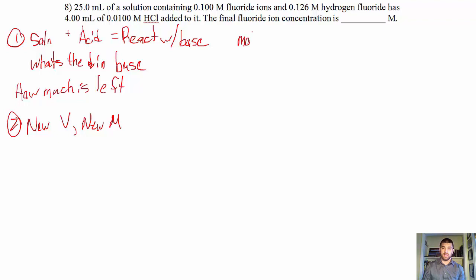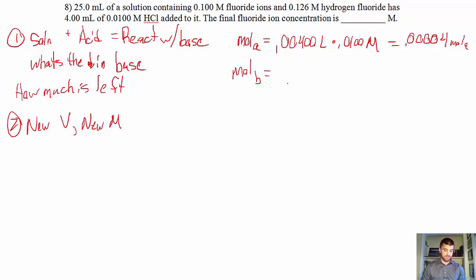So how much acid was added? Well, we got 0.0400 liters times 0.0100 molar. So that tells me that I got 0.0004 moles of the acid. Now I got to figure out, well, what was my moles of my base?